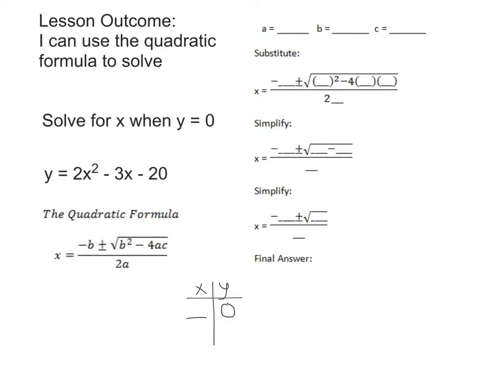Okay, so the quadratic formula is x equals the opposite of b, or sometimes we say negative b, plus or minus, we're going to talk more about that, the square root of this whole thing, b squared minus 4 times a times c, and then that whole thing is divided by 2 times a. Now again, notice the division bar here is after the equal sign, so x equals, and then this whole thing is a fraction. So write that down very carefully in your notes.